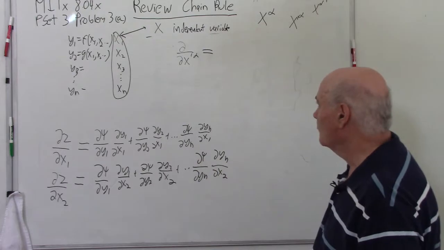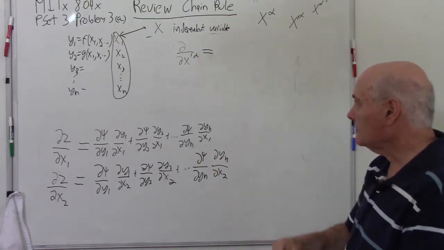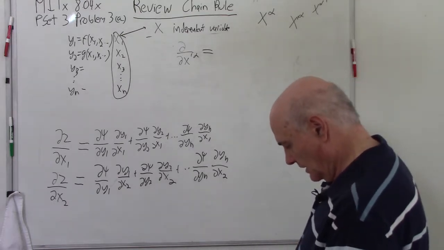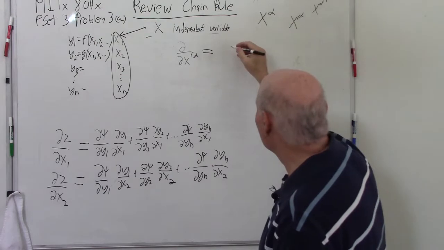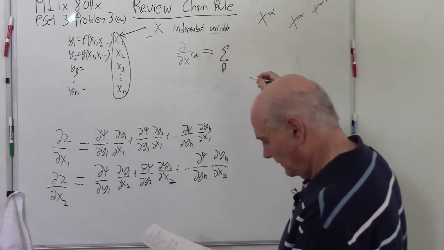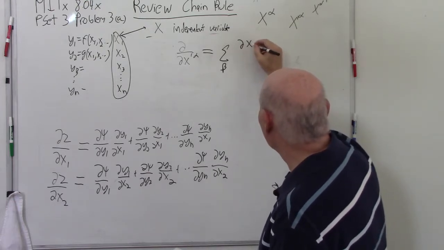This is equal to, using our chain rule, the sum over beta of the partial of x.